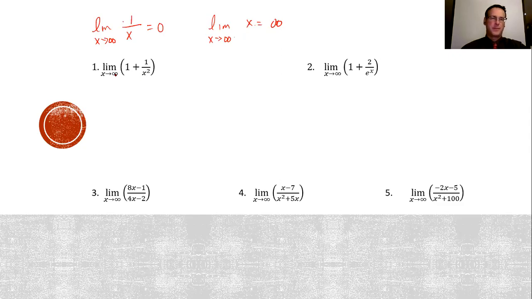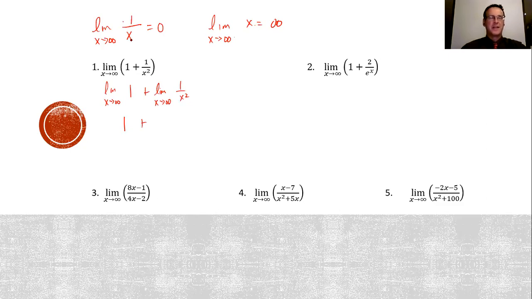So what do I have here? Well, I can evaluate this looking at it two ways. I can say that this is the limit as x approaches infinity of the value 1 plus the limit as x approaches infinity of 1 over x squared.